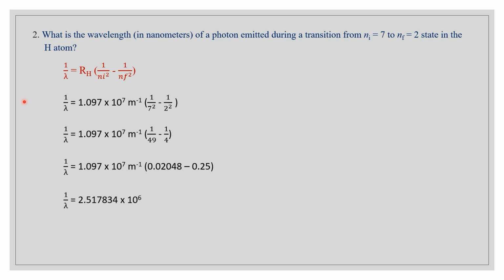This is 1 over lambda, and then lambda is 1 over this value. So it is 3.97 times 10 to the negative 7 meters, or in nanometers, since 10 to the power 9 nanometers is equal to 1 meter, 397 nanometers is the emission line wavelength.